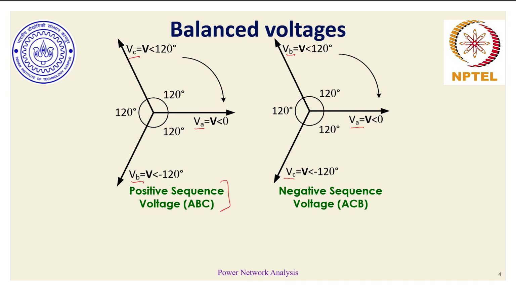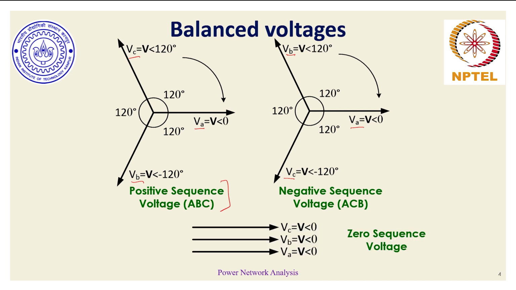And the third or last possibility is where all the phasors are aligned to each other with a common phase angle difference of 0. So as per the definition of balanced voltages, in all three phasor diagrams, be it positive sequence, negative sequence, or zero sequence voltage, again the terms positive, negative, and zero sequence are just definitions or notations.